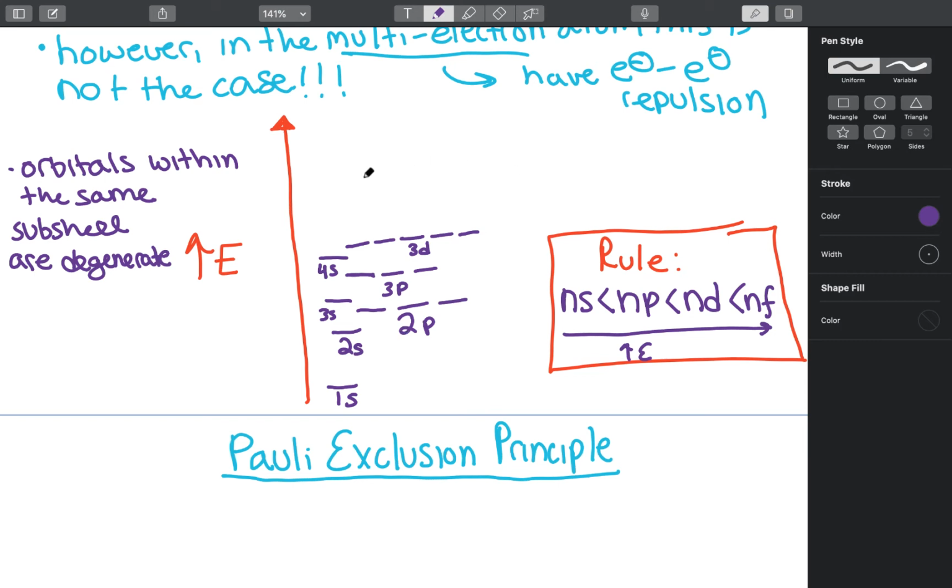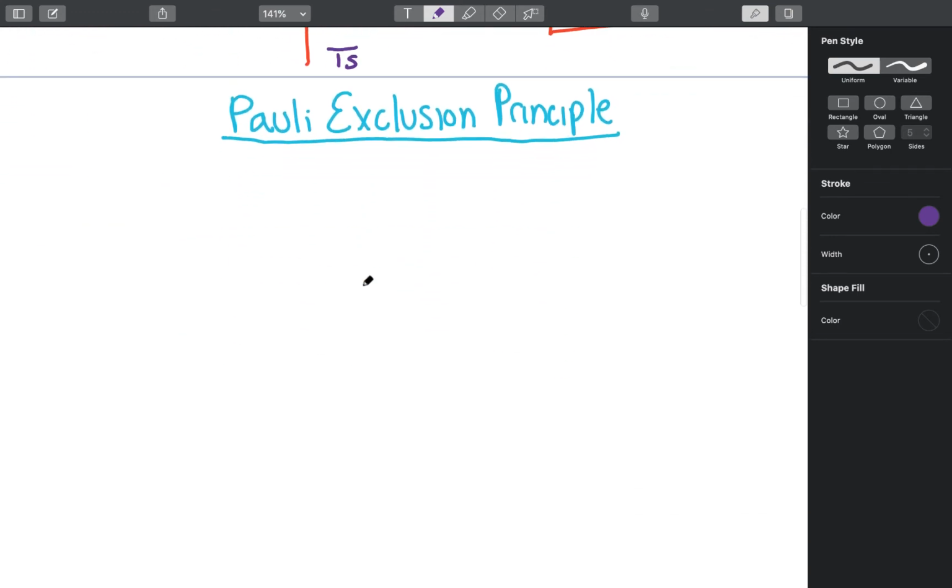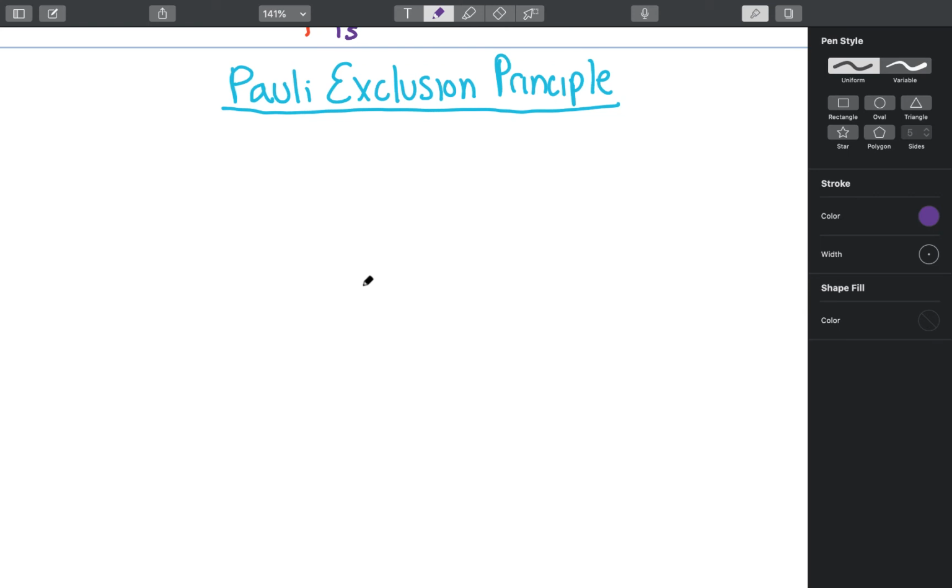So now that we have this multi-electron atom, how do we go about filling up this orbital energy diagram? Well, in order to fill up this multi-electron energy diagram, we have to have an understanding of the Pauli exclusion principle. So what is the Pauli exclusion principle?